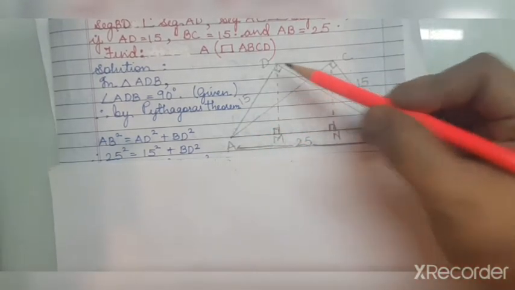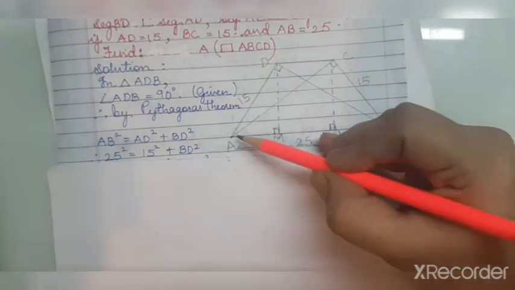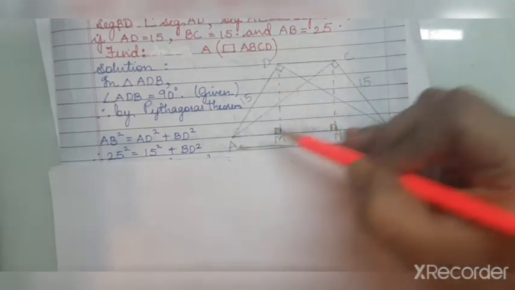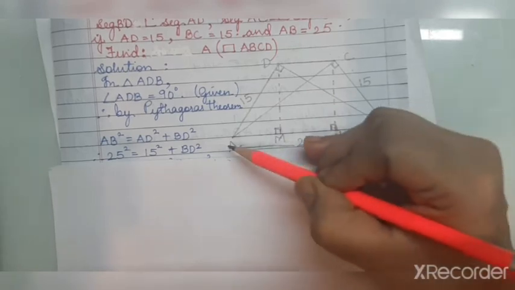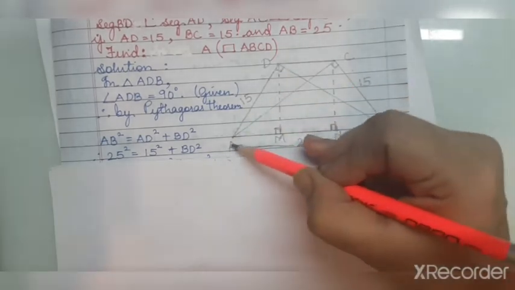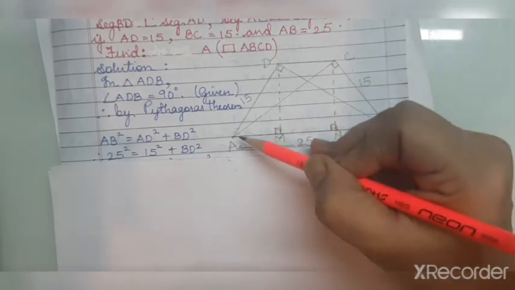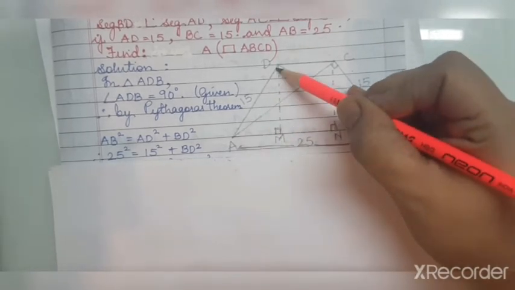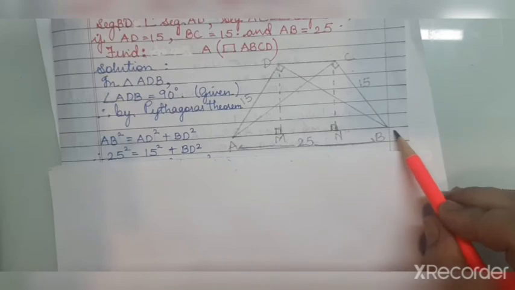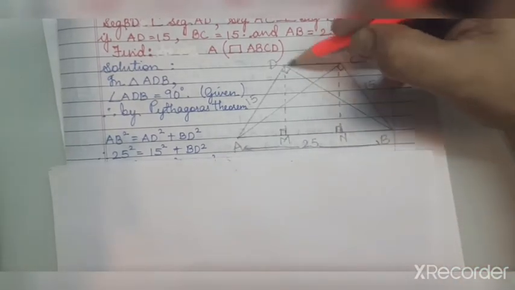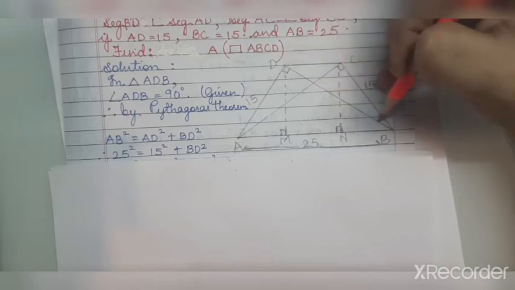Triangle ADB. Please observe only triangle ADB and you will see that it is a right angle triangle. And in this right angle triangle, two sides we know, that is side AD as 15 and side AB as 25. So it is easy for us to find the third side by Pythagoras, that is side BD.